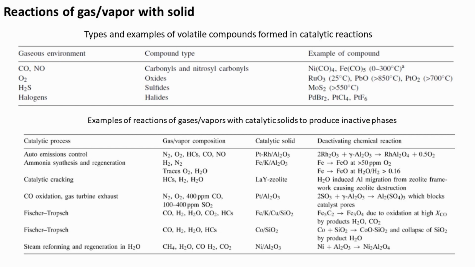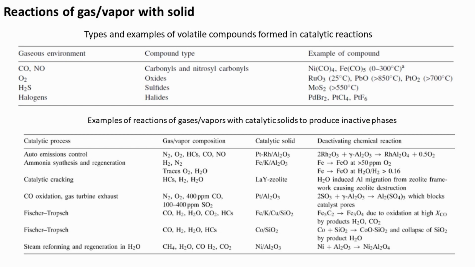By contrast, metal loss through formation of volatile compounds like metal carbonyls, oxides, sulfides, and halides can be significant over a wide range of conditions, including relatively mild conditions. Classes and examples of volatile compounds are listed in the table on this slide.